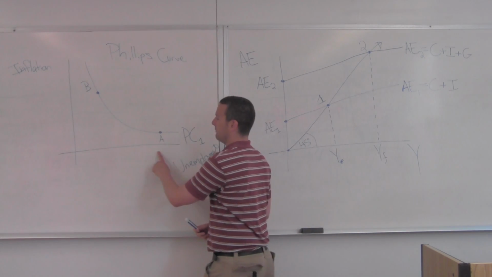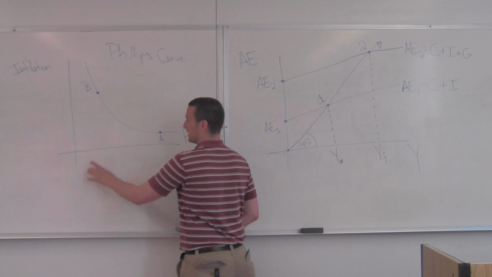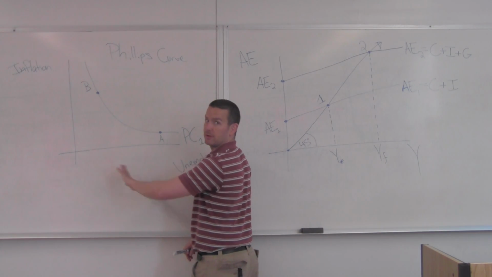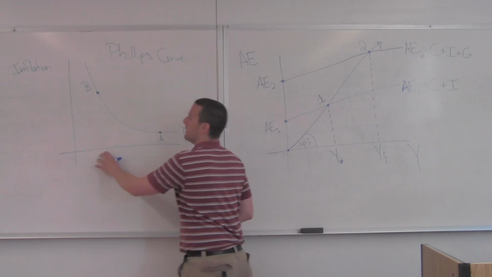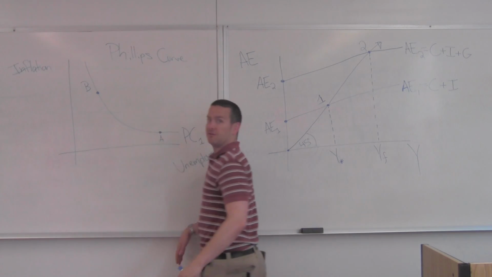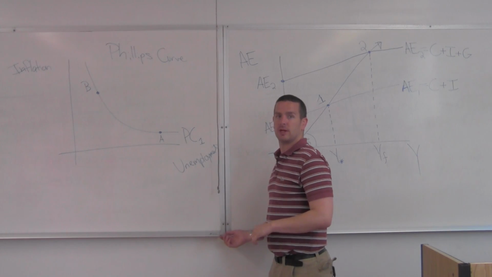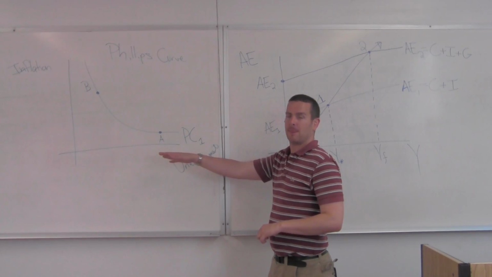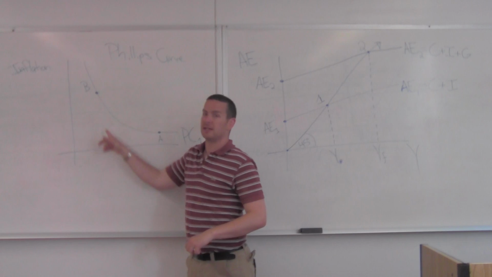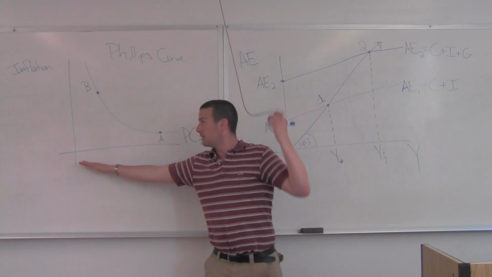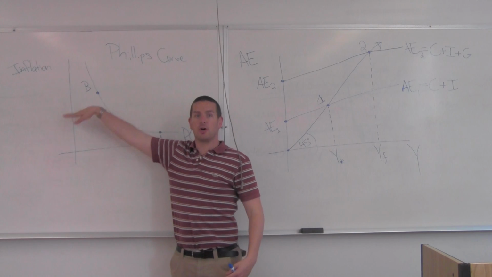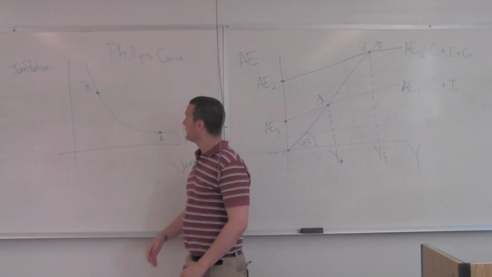The lower unemployment goes, the more people have jobs, and the higher inflation will go. That's what this is saying. That's what this curved line is.